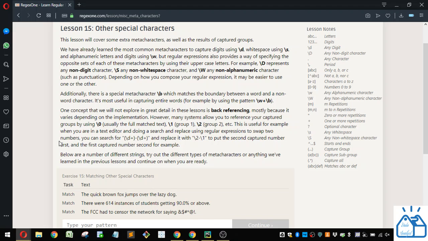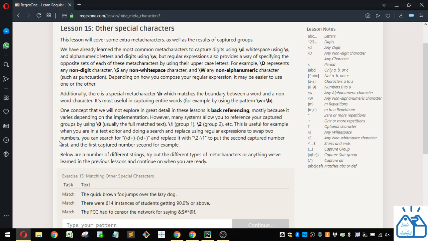One concept that we will not explore in great detail in these lessons is back-referencing, mostly because it varies depending on the implementation. However, many systems allow you to reference your captured groups by using \0, usually the fully matched text, \1, group 1, \2, group 2, etc. This is useful, for example, when you're in a text editor and doing a search and replace using special expressions to swap two numbers.